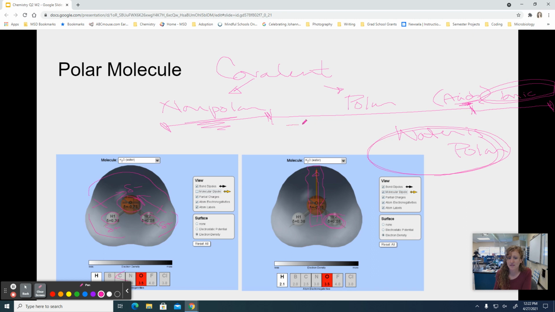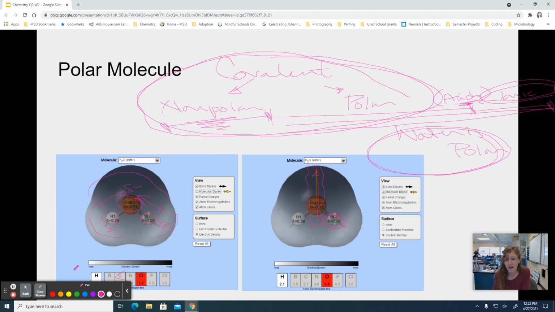So we like to talk about distinctions, but really it's more like a sliding scale of the degree of ionic character. All right, so you should be able to tell me, is our covalent bond polar or a non-polar covalent bond?